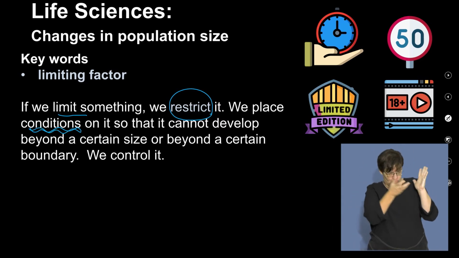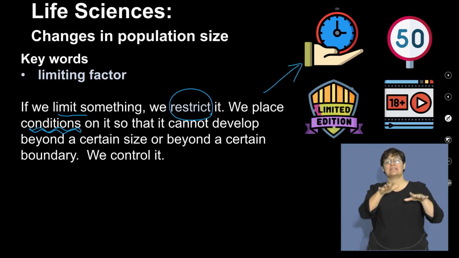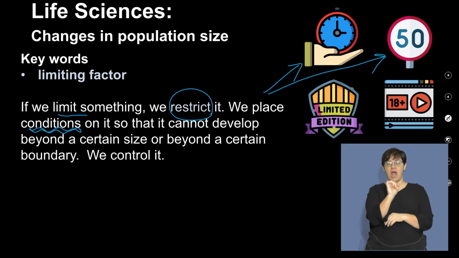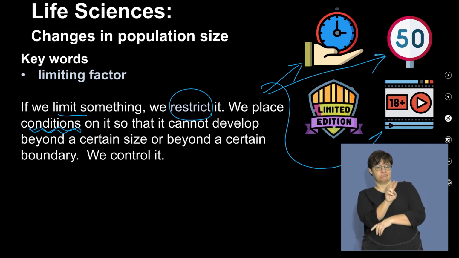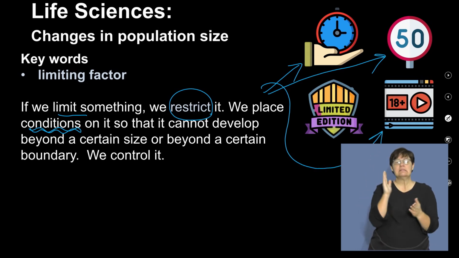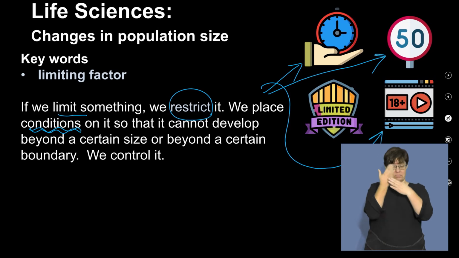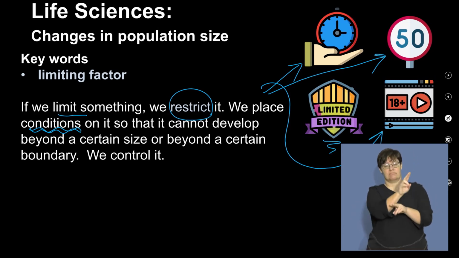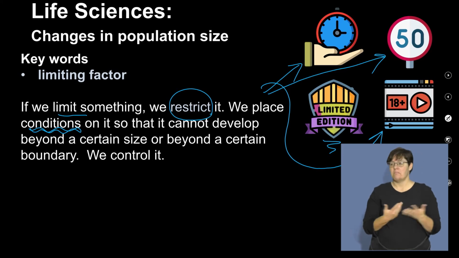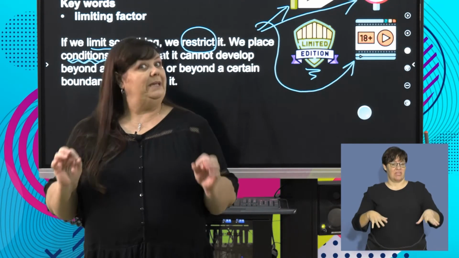You know, when you write an exam, you've got a time limit. If you are driving a car, you've got a speed limit. If you want to watch a movie, sometimes it has an age limit, or you might be very lucky in buying an item of clothing that is a limited edition.